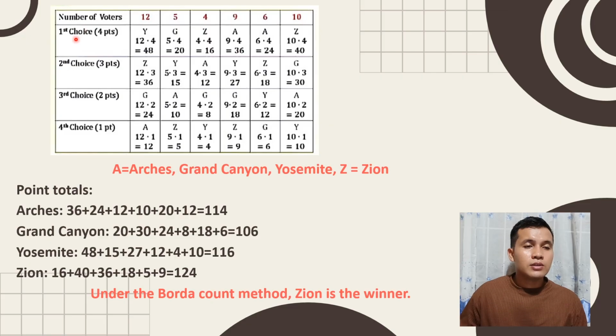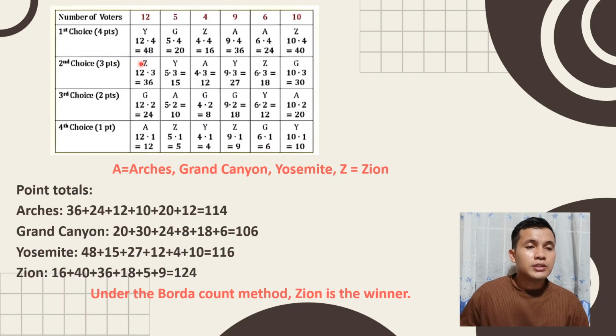So all the voters here will be multiplied by 4 points, then the third row will be multiplied by 3, the fourth row multiplied by 2, and the last one multiplied by 1.